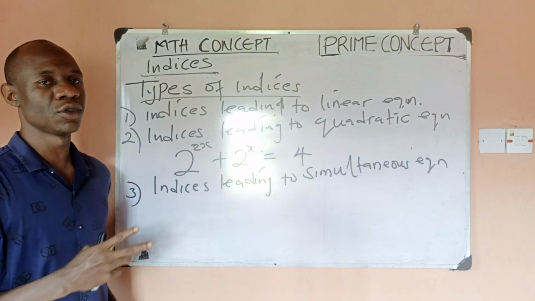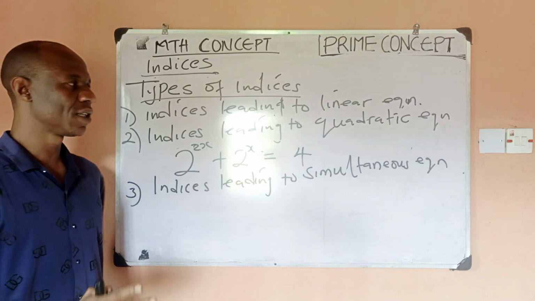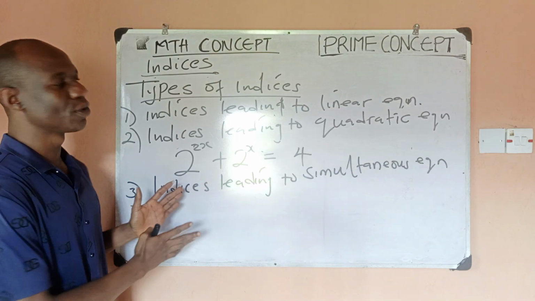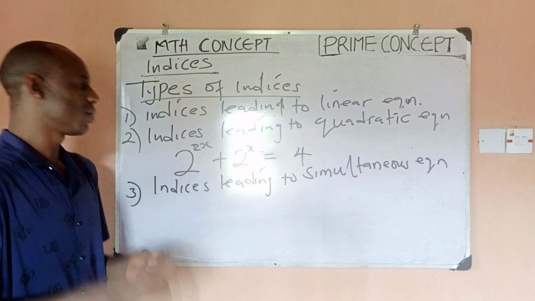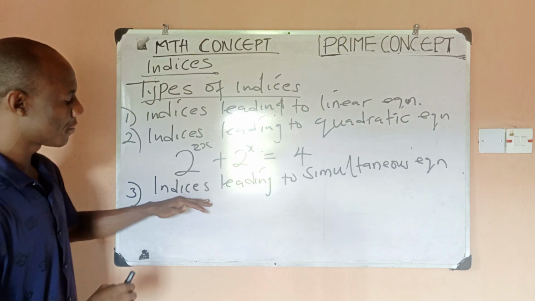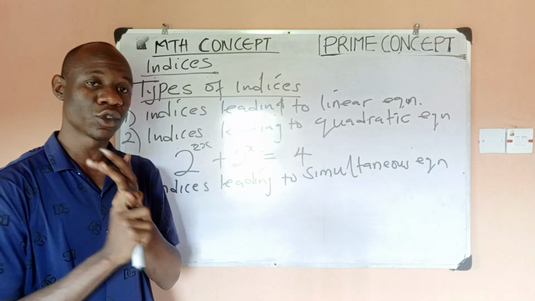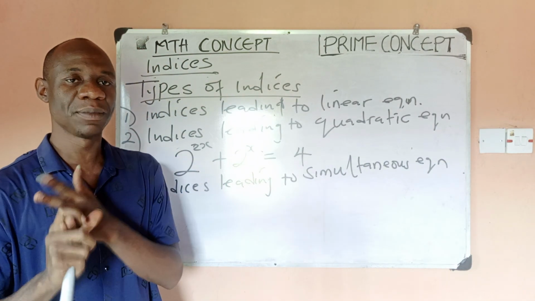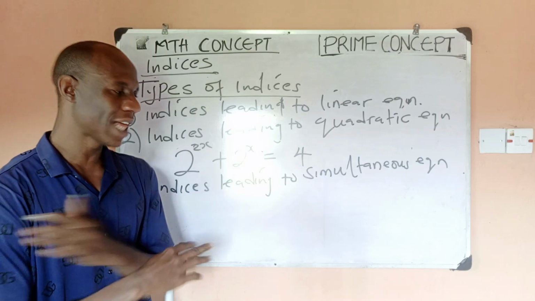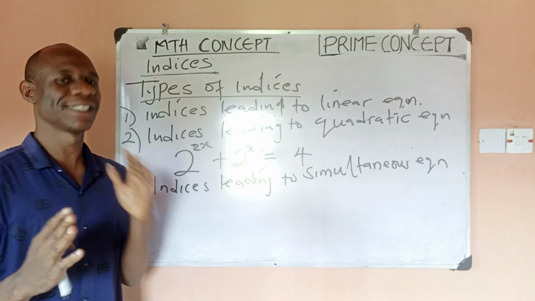Whenever you have 2 or more unknowns, then it is simultaneous. Of course, for the simple scenario we're looking at, you'd always have 2 unknowns, x and say y. So whenever you notice in your powers that you have 2 unknowns, x and maybe y, you should know without thinking what that question would lead to.